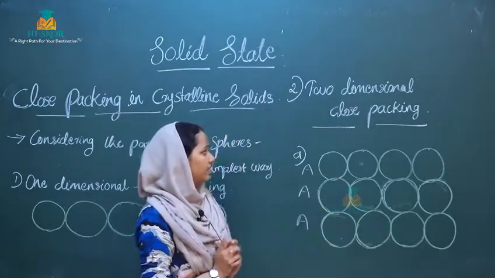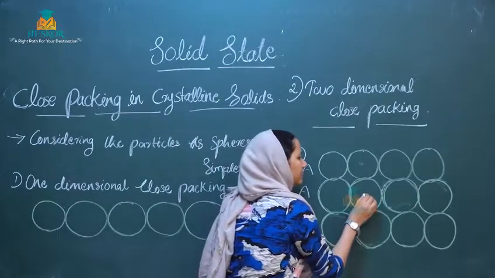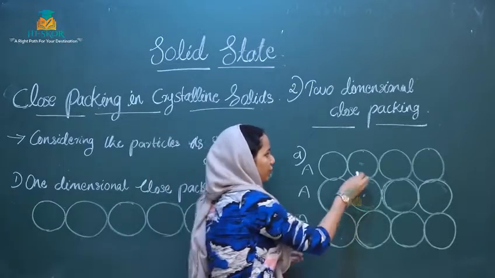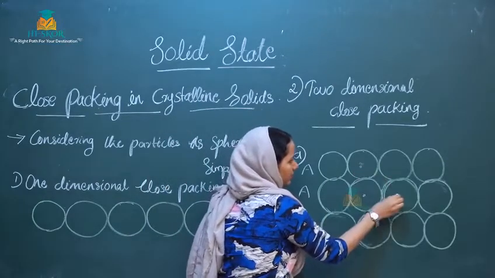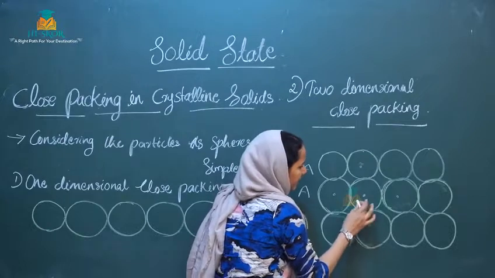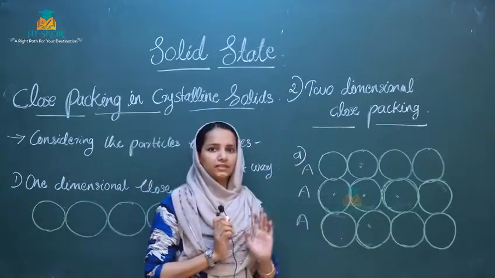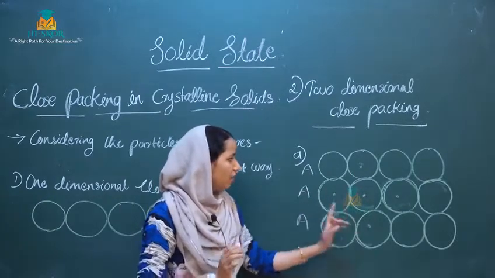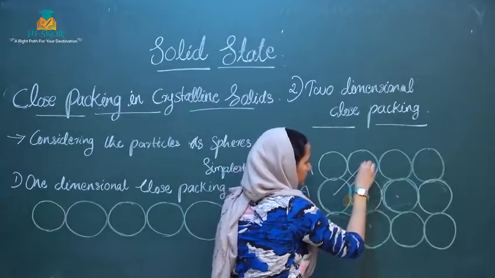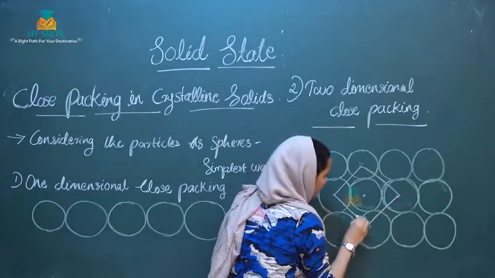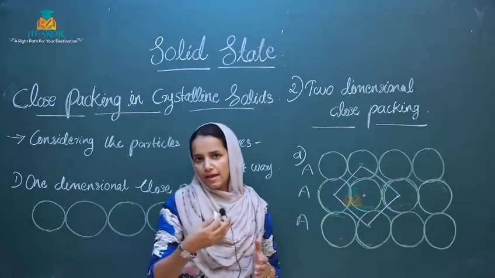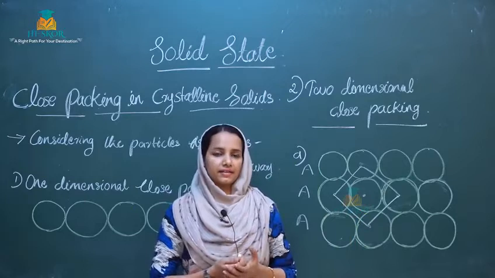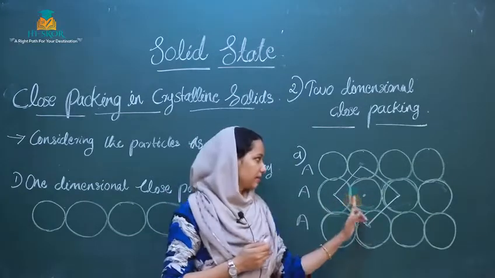When you consider any sphere at the center, we have 4 neighboring spheres directly attached to it. Can you see this? How many spheres are directly attached? Yes, we have 4 neighboring spheres. You know what the coordination number is. Last class I told you coordination number means the number of neighboring particles around the central sphere.